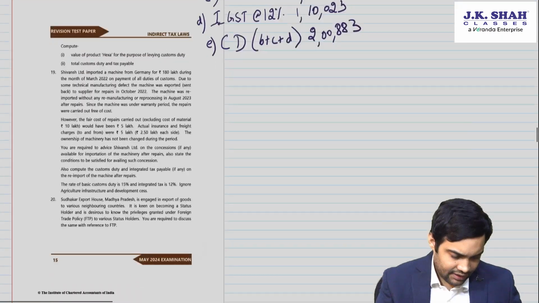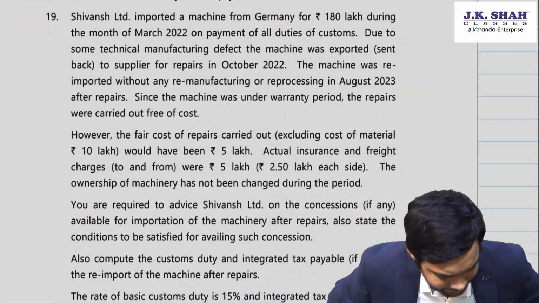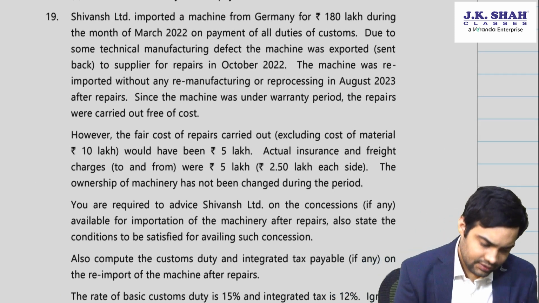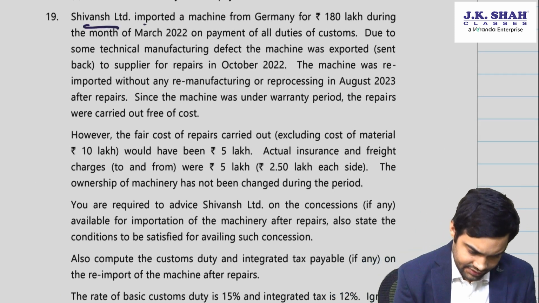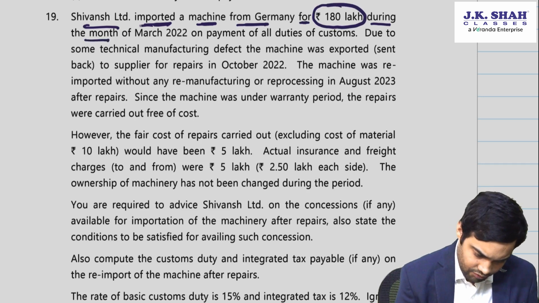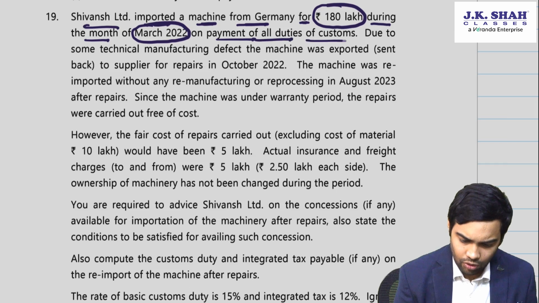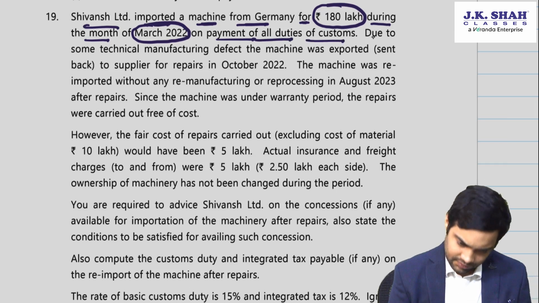Okay, last two questions left. Let's see them. Shivans Limited imported a machine from Germany for 180 lakhs during the month of March 2022 on payment of all duties of customs.